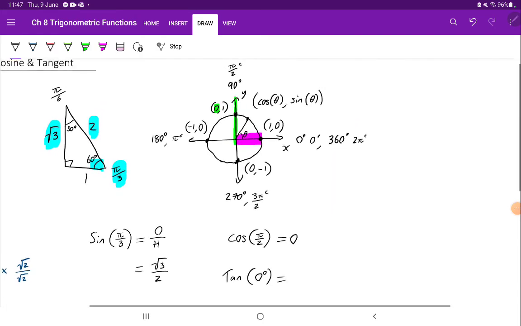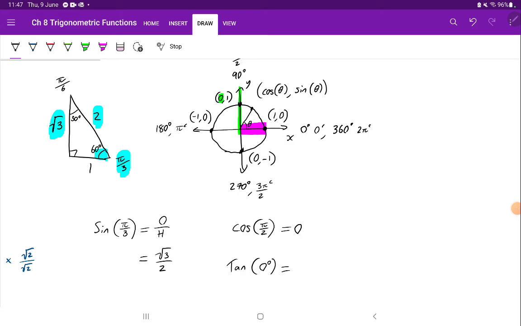We've only put cos and sine. Cos being the x-coordinate, sine being the y-coordinate. Well, tan of theta can be written as sine of theta over cosine of theta, meaning you take the y-coordinate and you divide it by the x-coordinate.